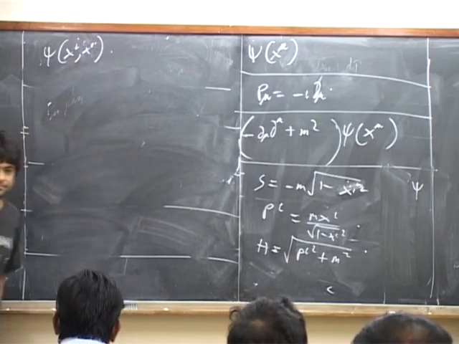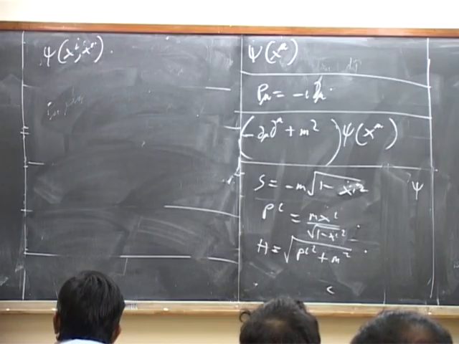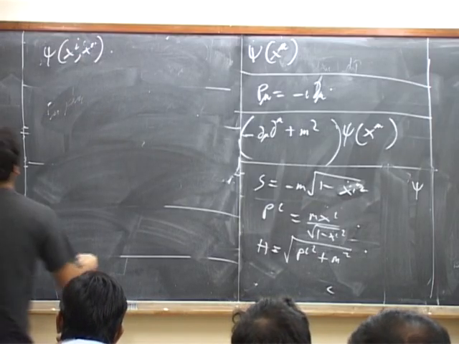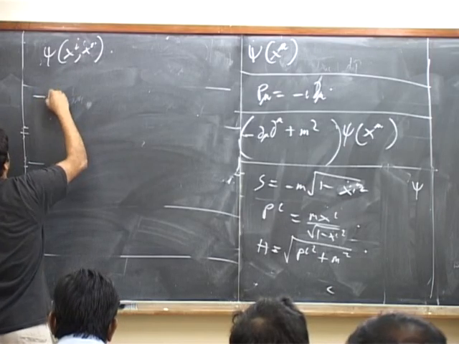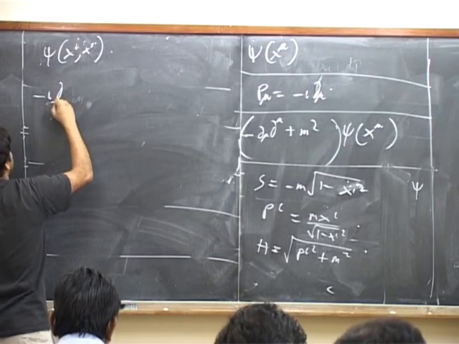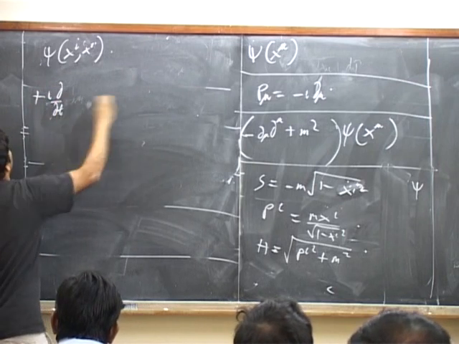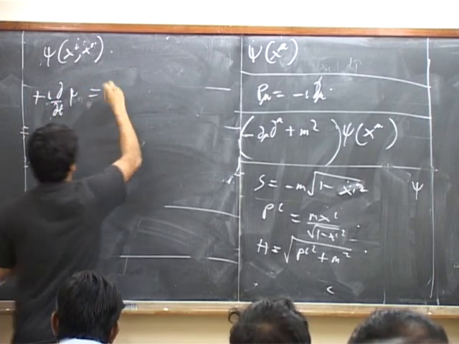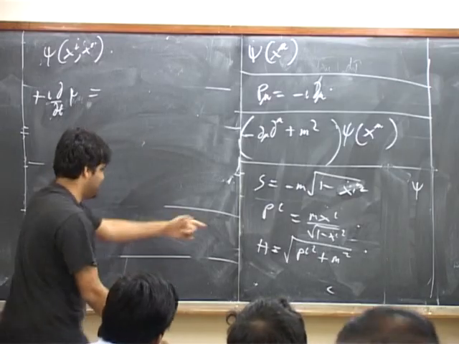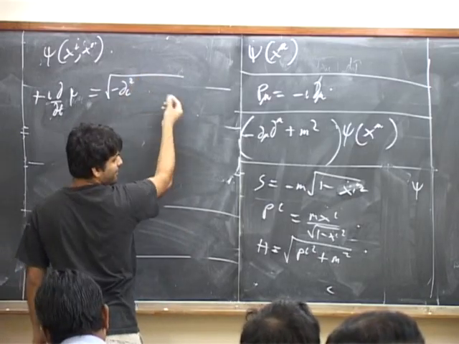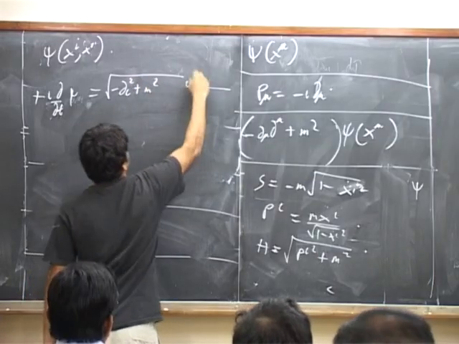And this wave function obeys the Schrodinger equation. What is the Schrodinger equation? It is i d by dt on psi is equal to H of psi. H is this: minus del i squared plus m squared on psi.